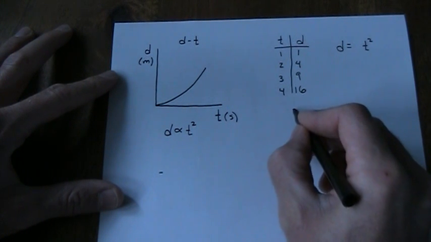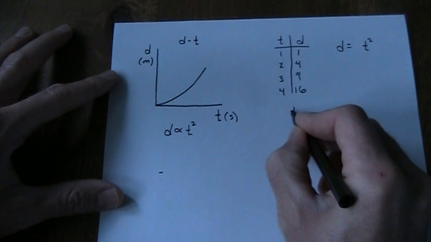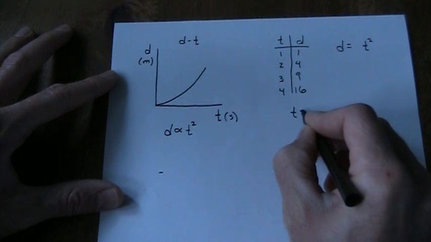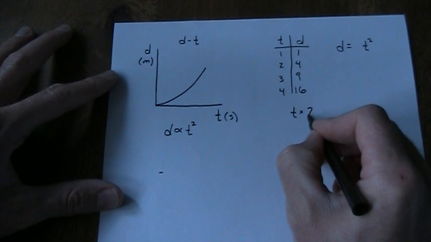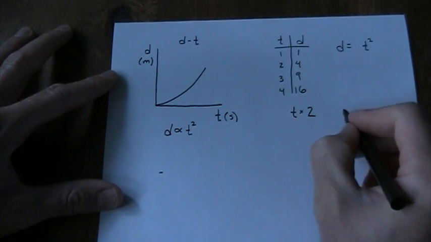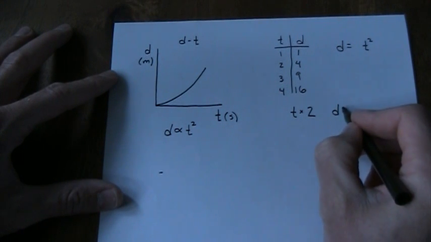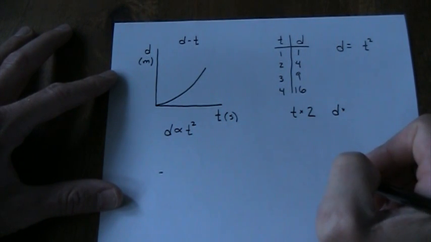So I would like to know if I do some change to time, for example, if I were to take time and double it, what is going to happen to my dependent variable, which in this case is my d value?